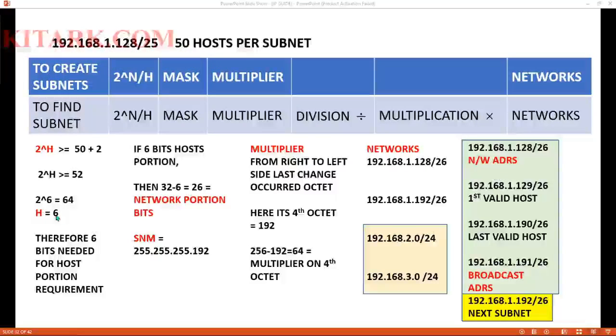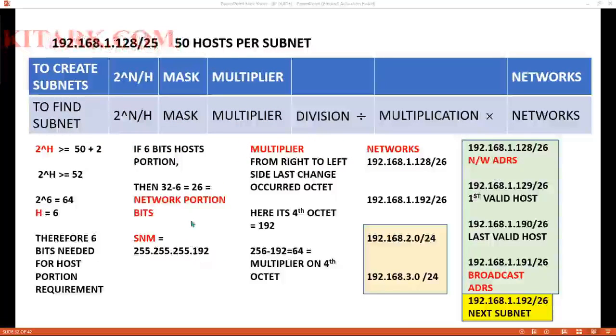If 6 bits are for host bits, you can deduct it from 32. So 32 minus 6 equals 26, which gives you your network bits. Okay, so if it is 26 network bits, you can write the subnet mask as 255.255.255.192.